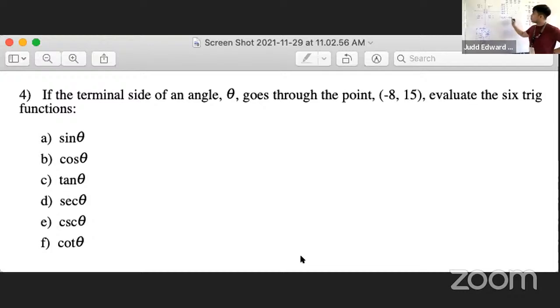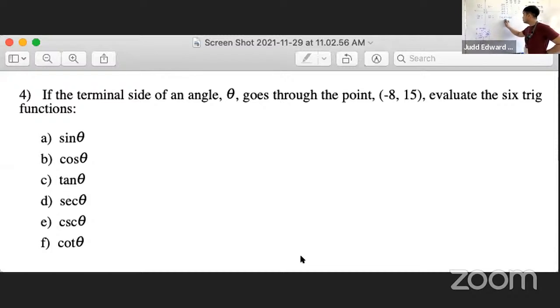Expect that if it is in quadrant 2, we could say that only sine and cosecant are positive and all the others are negative. We have negative 8 and positive 15.